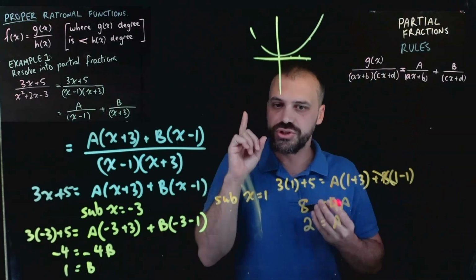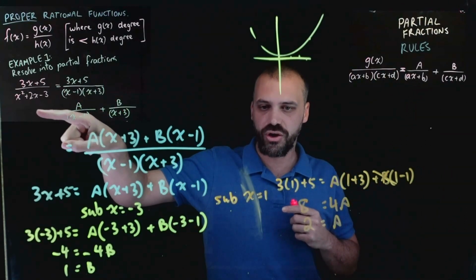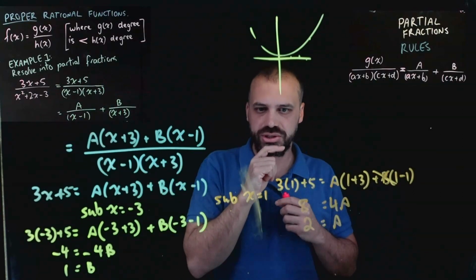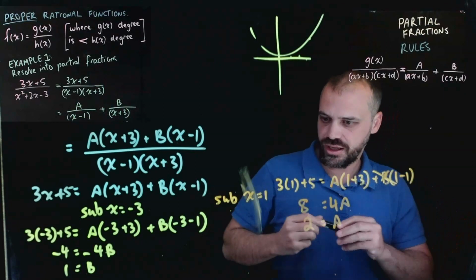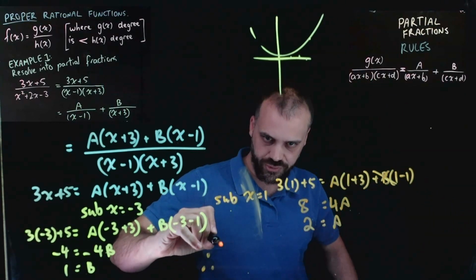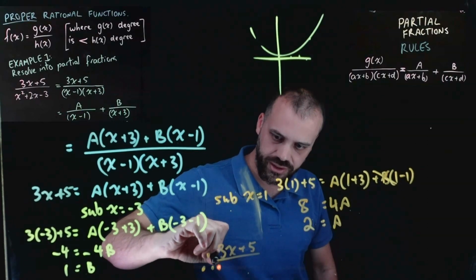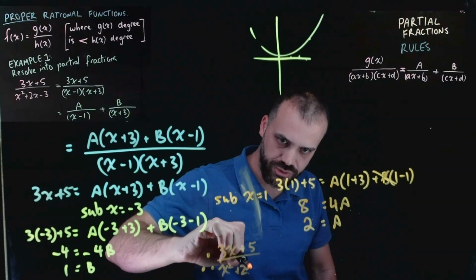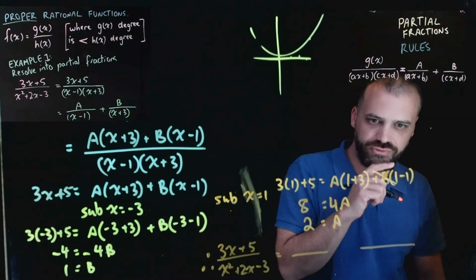We have resolved this function, (3x plus 5) over (x squared plus 2x minus 3), into two fractions. Therefore, (3x plus 5) over (x squared plus 2x minus 3) is equal to two fractions.